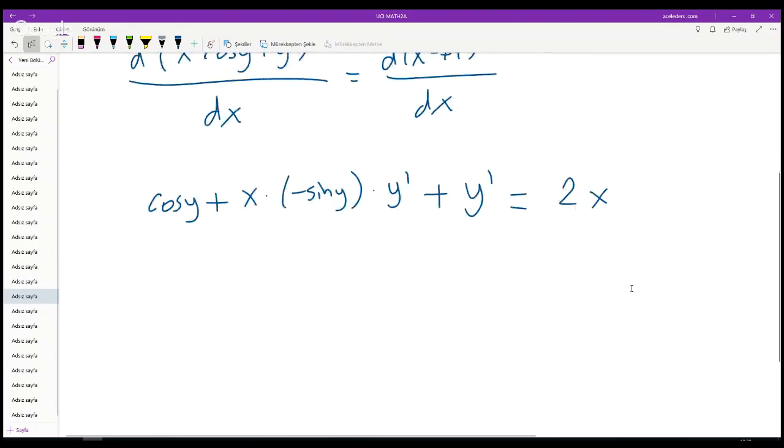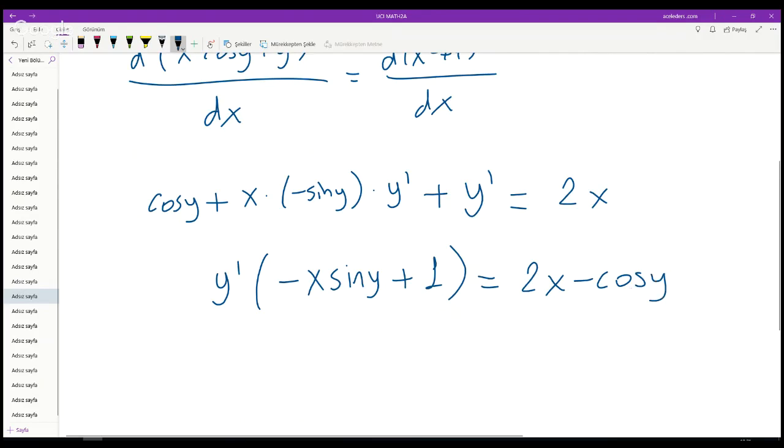Therefore, I will gather y primes on one side, and it will be y prime times (1 minus x sine y) equals 2x minus cosine y.